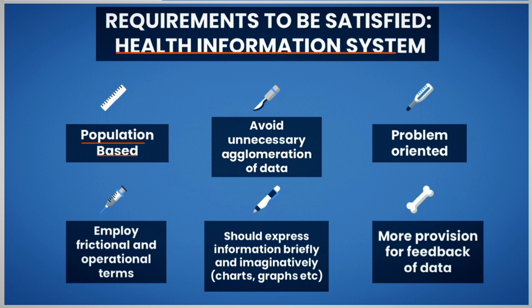The second requirement is that the health information should avoid the collection of unnecessary data which are not able to provide any kind of important information in respect of health issues of the community. This health information should be problem oriented, means the information about the health we are getting should solve any problem of the community. This health information should be based on the functional and operational terms of health issues.